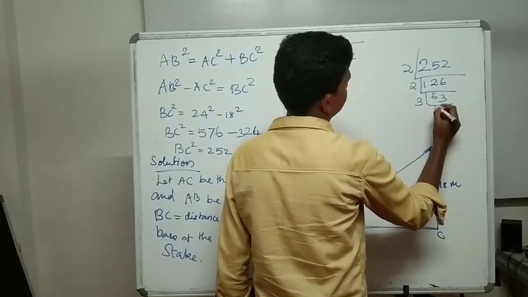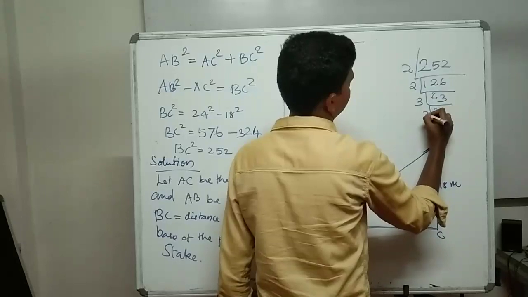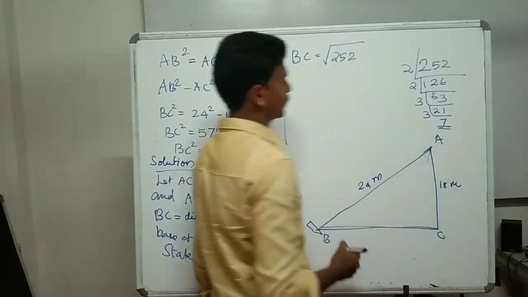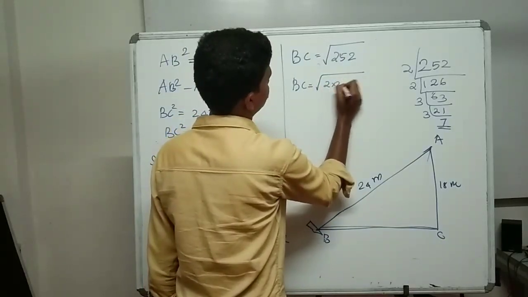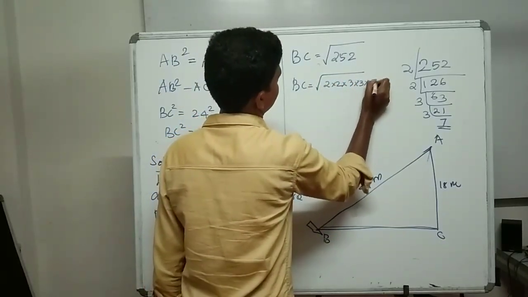Again we can try with 3, so 21, again 3, 7 is the prime number. So BC is equal to square root of 2 into 2 into 3 into 3 into 7.